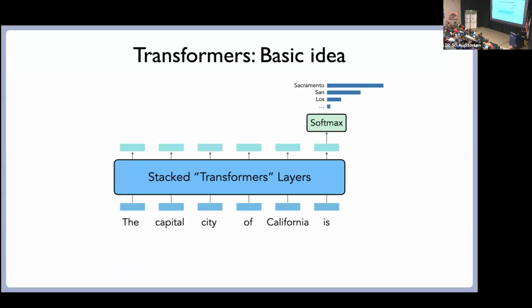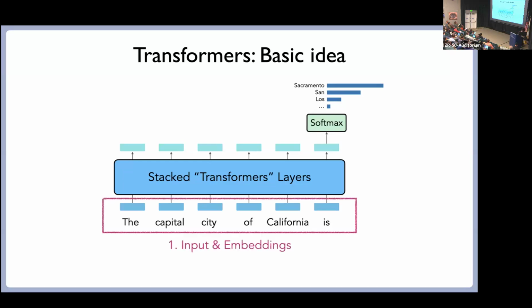This is a brief overview of transformers, and I'll go through it one by one. First of all, there is an input layer that takes the input text, tokenizes it into a list of tokens, and gets the vector representation for every token. We'll call it input embedding, and we'll talk about what exactly it does. And then it has stacked layers of transformers.